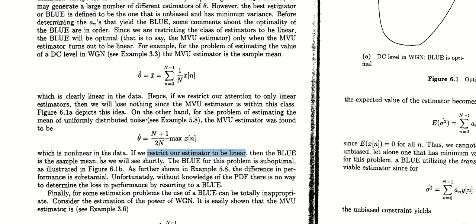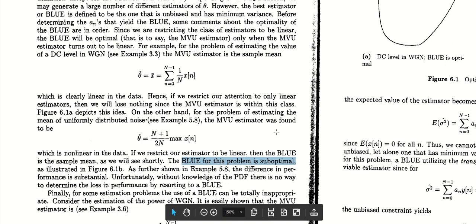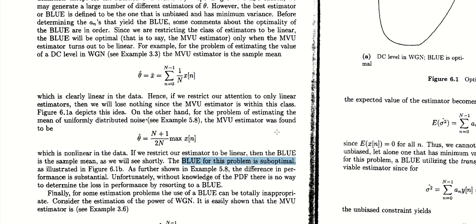But the point is, we have a minimum variance estimator that is this, but the BLUE in the linear domain, the best one, is the sample mean, which is not equal to this. So the BLUE for this is suboptimal. It's no longer optimal. We have demonstrated two examples.